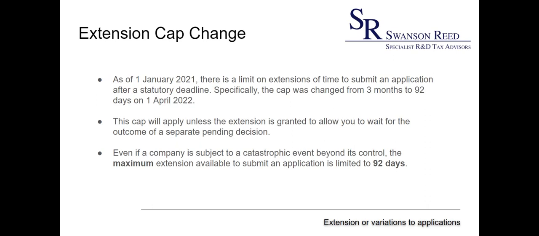It should be noted that this cap will apply unless the extension is granted to allow you to wait for the outcome of a separate pending decision, such as waiting for the outcome of a compliance matter for a previous year when a subsequent year application is due. This is very important to note, since even if a company is subject to a catastrophic event beyond its control, the maximum extension available to submit an annual registration application is limited to 92 days.